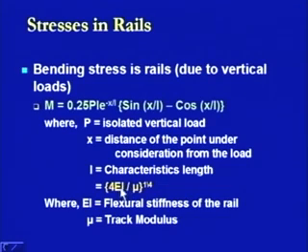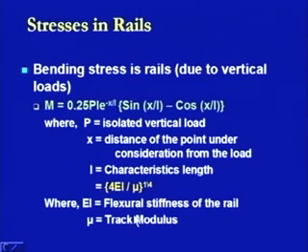Combined together this defines the stiffness of the rail section, and mu is the track modulus, as we have seen previously how to compute the track modulus on the basis of the spacing of the sleepers, the number of sleepers, or the deflection caused on the different number of sleepers provided below any rail section.